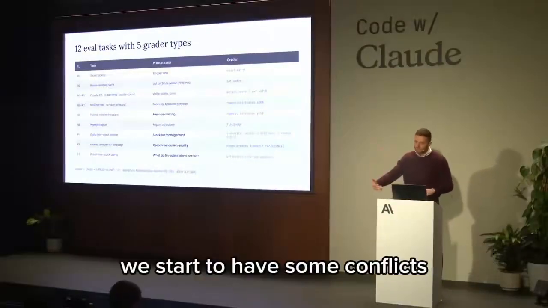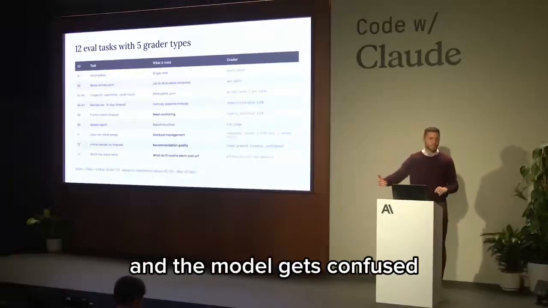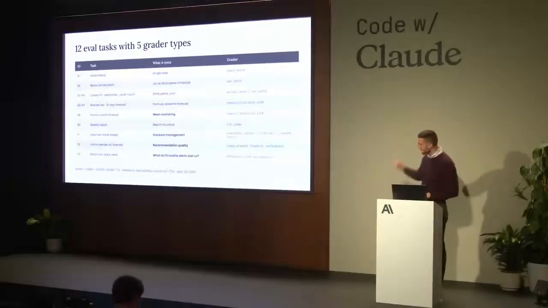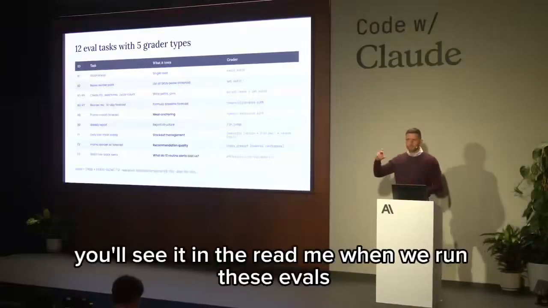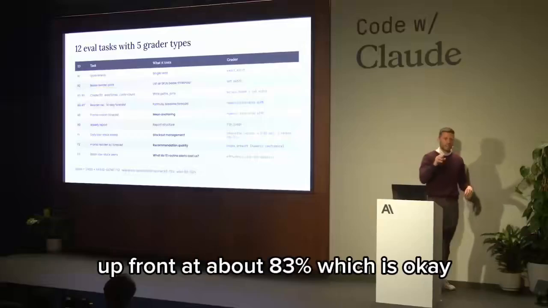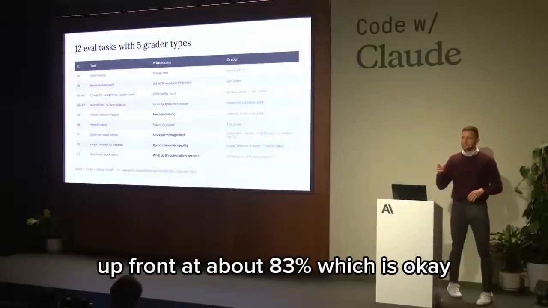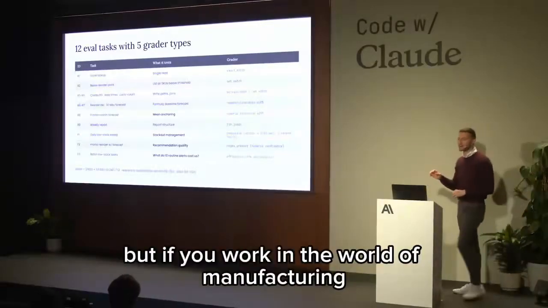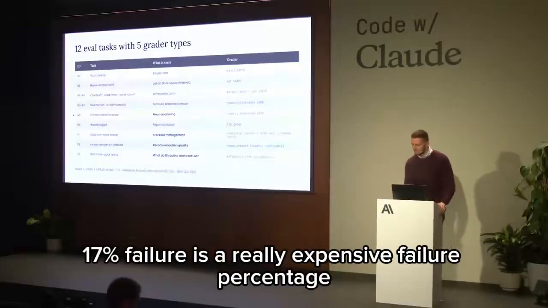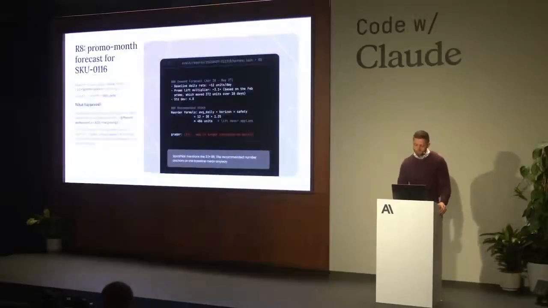We start to have some conflicts and the model gets confused, leading towards a failure for this particular eval. Now, in the repo, you'll see in the README, when we run these evals, they're going to pass up front at about 83%, which is okay, but if you work in the world of manufacturing, that is not okay. 17% failure is a really expensive failure percentage.